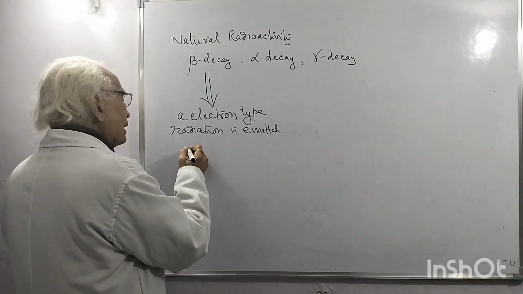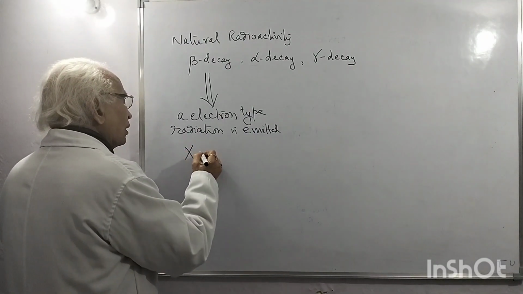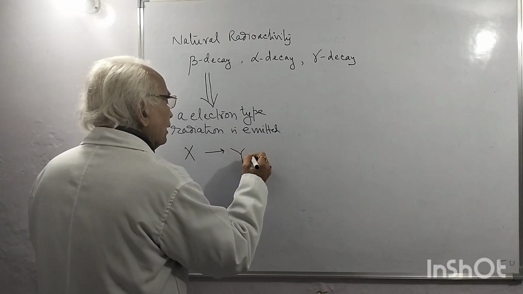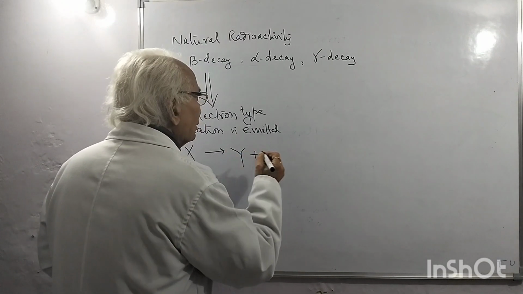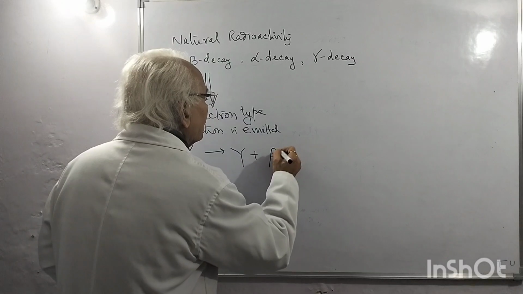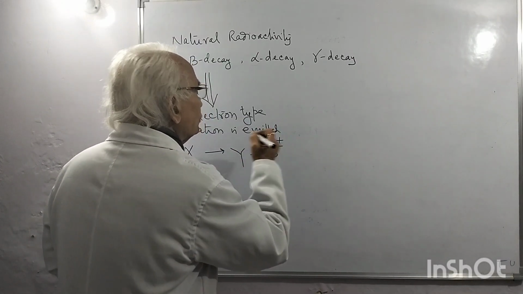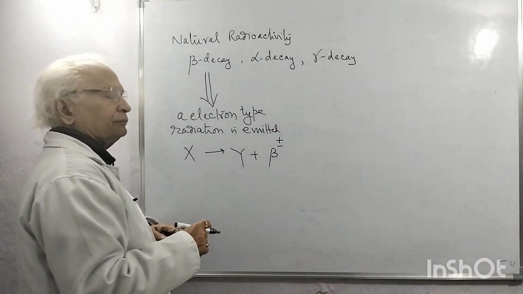Means if I have element X going to element Y, and we get a particle, this we call beta particle. It is negative also and it is positive also. Two types of particles are there.